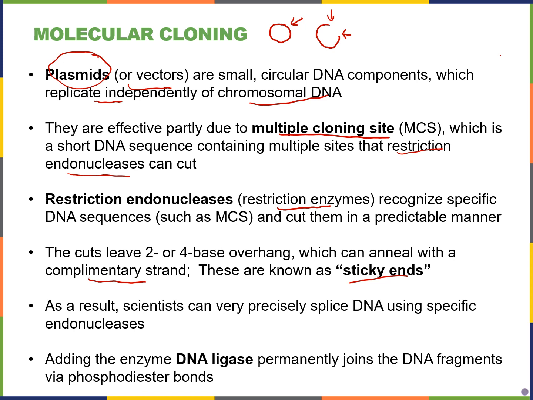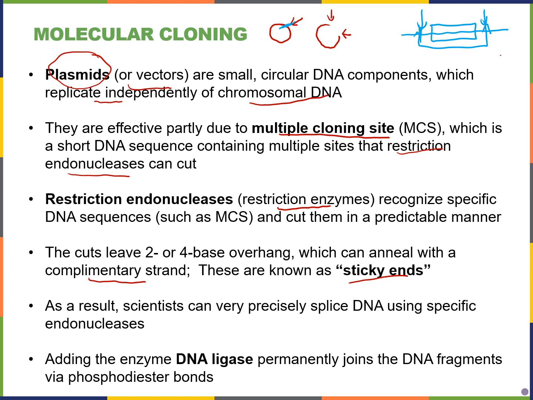If I have my gene of interest, let's say this is my human DNA and I have some kind of gene of interest, and I happen to have the same restriction site flanking either end of the gene of interest, I can use one restriction enzyme to cut this out, and the same restriction enzyme to cut open the plasmid.